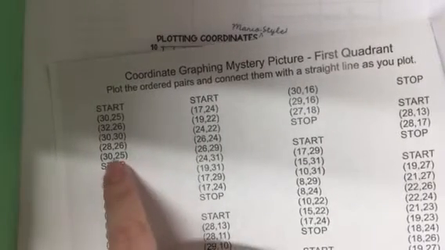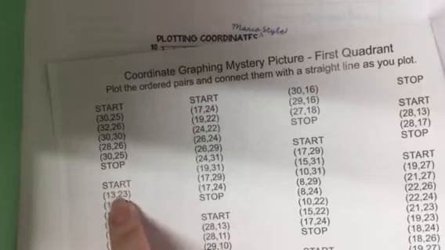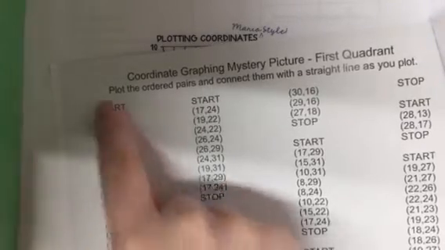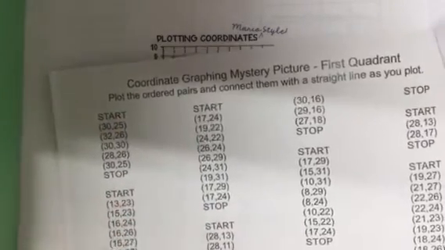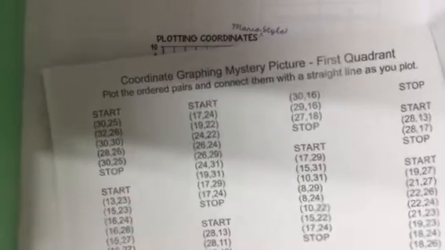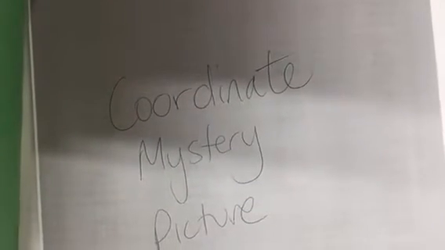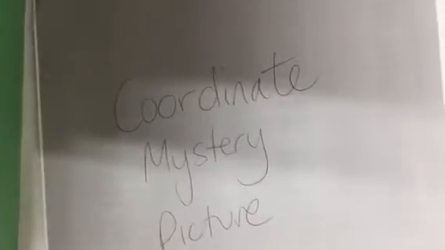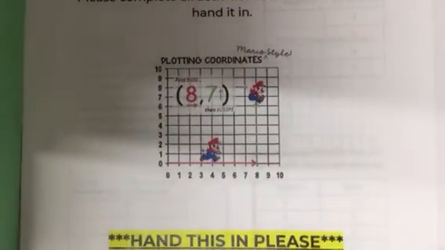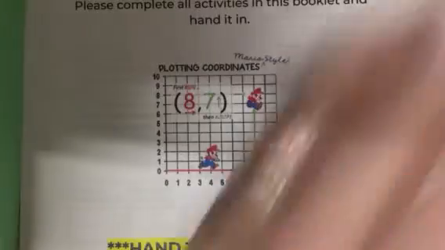So you wouldn't connect this point to this point. So these are all connected, then that group will be all connected. Like I said, there's a few different ones out there, and I believe in your answer booklet, I included what the mystery picture should look like. So if you think you're off to the wrong start, then just check it out and see how you're doing.